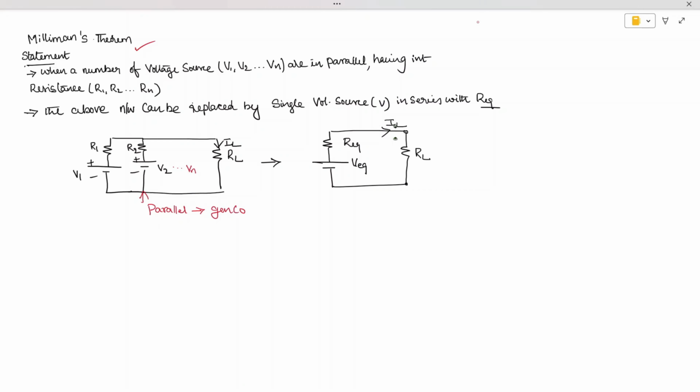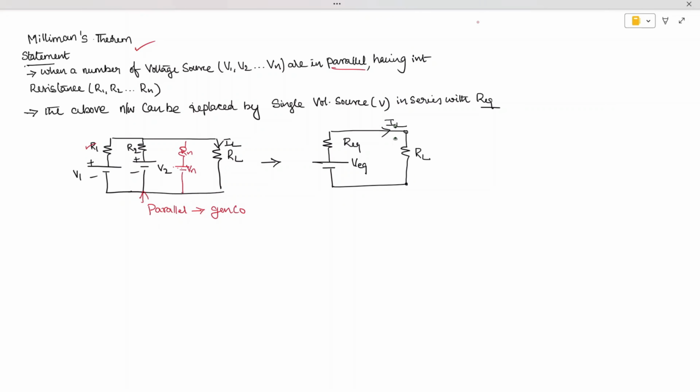We have small synchronous generators of 1 megawatt like that, which will be connected in parallel. So multiple generators connected in parallel have internal resistances R1, R2 and so on up to Rn. So, for example, you have one more generator here.